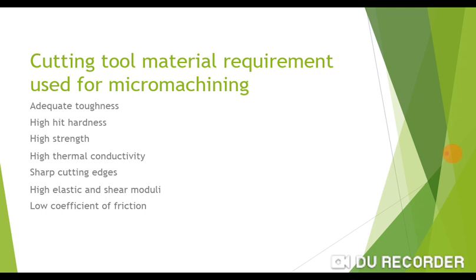The diamond tool is used for these, but for most ferrous materials this tool is not preferred because at a higher temperature the ferrous material chemically reacts with the diamond and increases the tool wear rate, so the frequency of tool replacement increases, which adds to the machining cost.